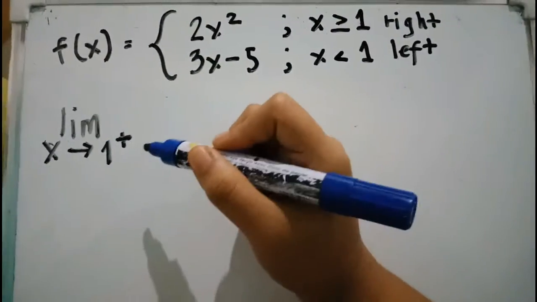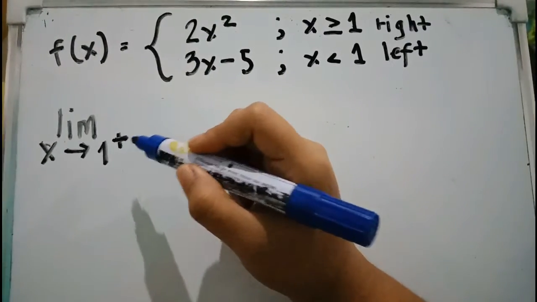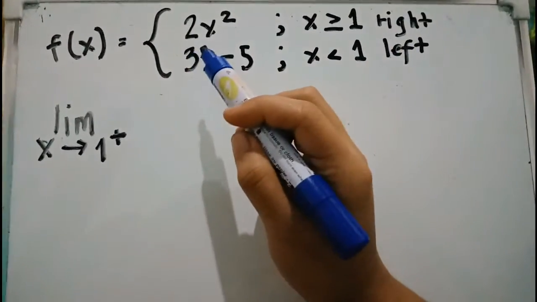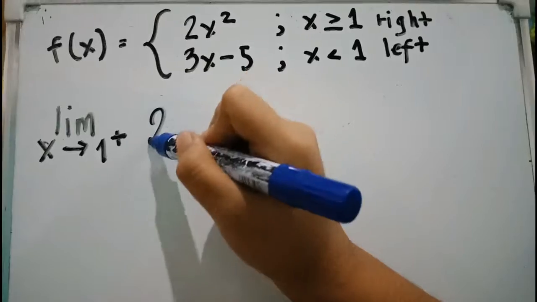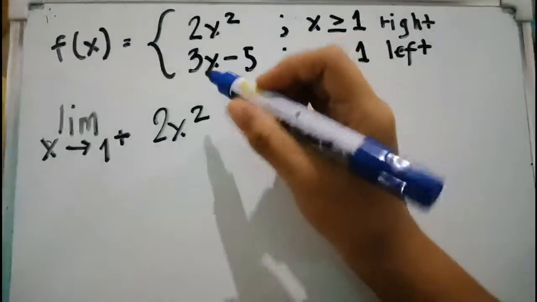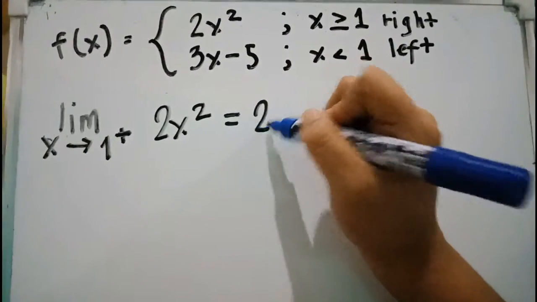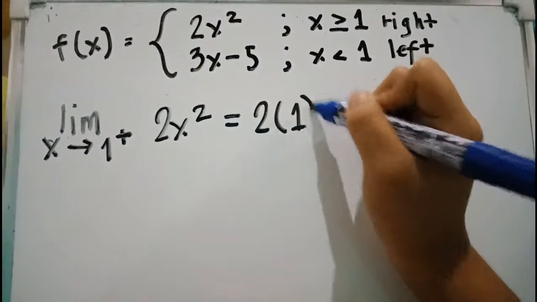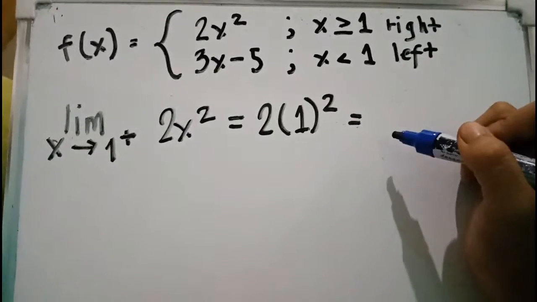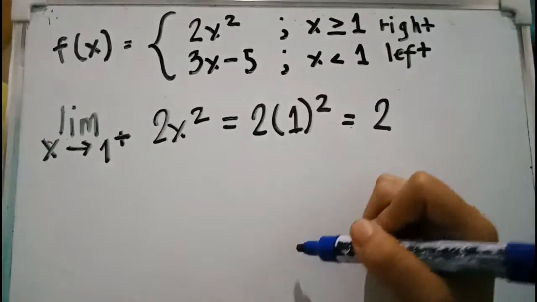You can use any one of them. But I'll go first with the right direction. As you can see, the function with the right direction is 2x squared. So I'm going to put 2x squared here, and then just substitute 1 to the x squared, and we're going to have the answer 2.